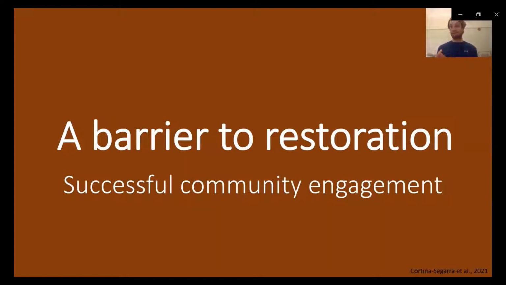Say farmers, people who use it for recreation, local government, state enterprises. There are lots of different people that are involved and affected by any decisions that you may make or any restoration activities that you may undertake. So it's very important to engage the local community to make sure you have their support, and that's what it's all about.